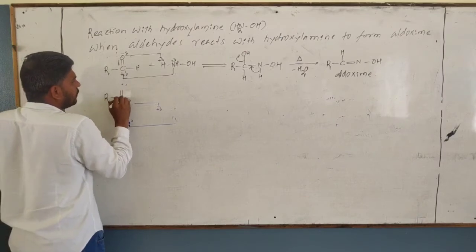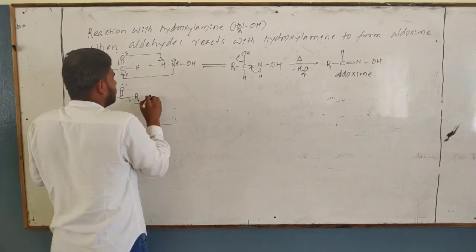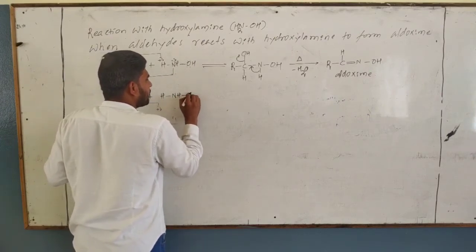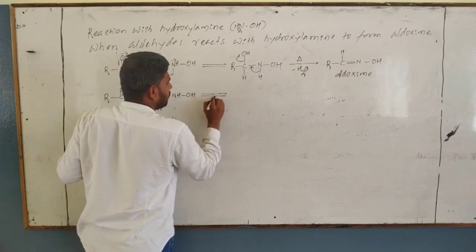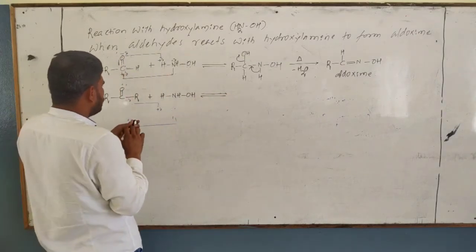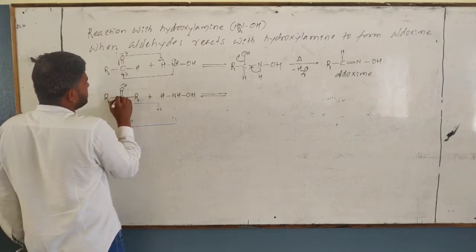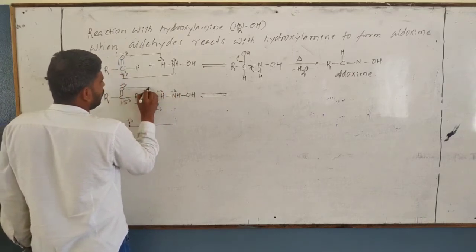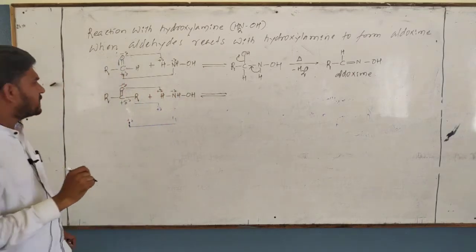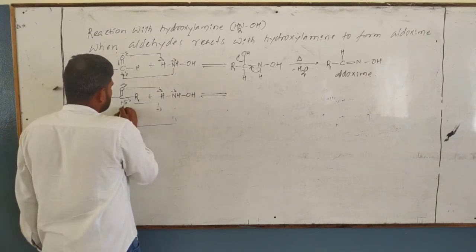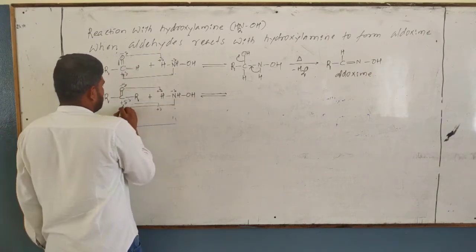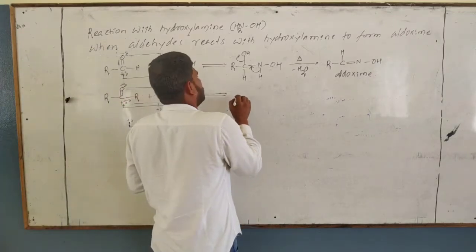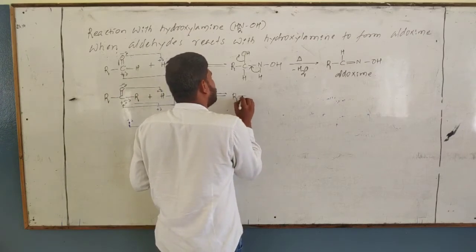R, C double bond O, R plus hydroxylamine. Same method you need to follow with a ketone. This is O minus, C plus, H plus, N minus. O minus attracts H plus, and this N minus attracts C plus. Okay, just an addition takes place. No need to write the mechanism. You need to write the product.